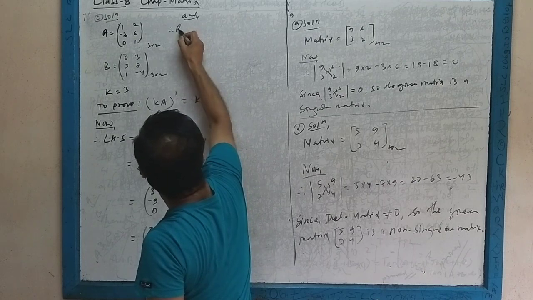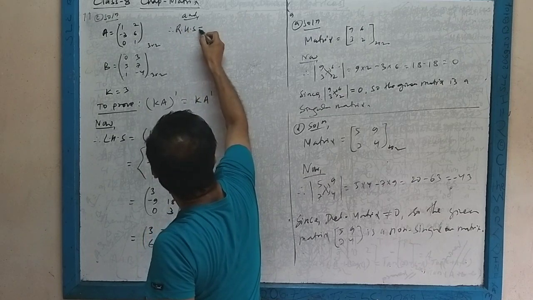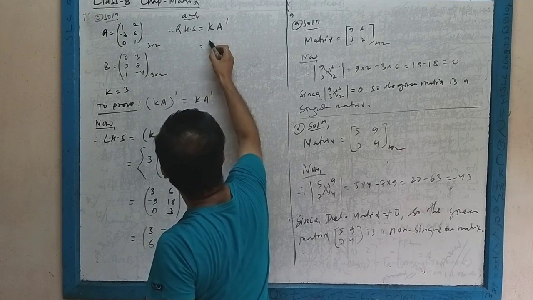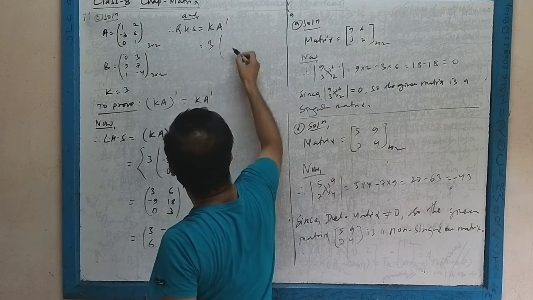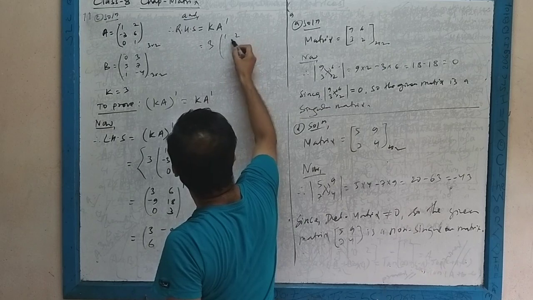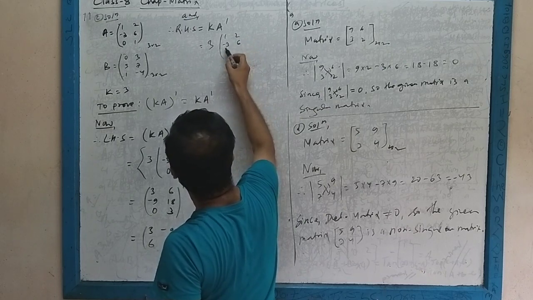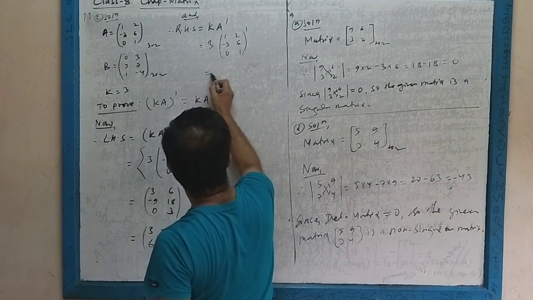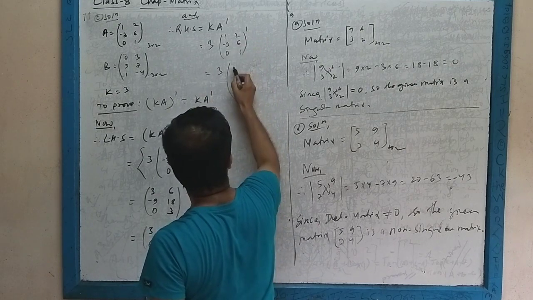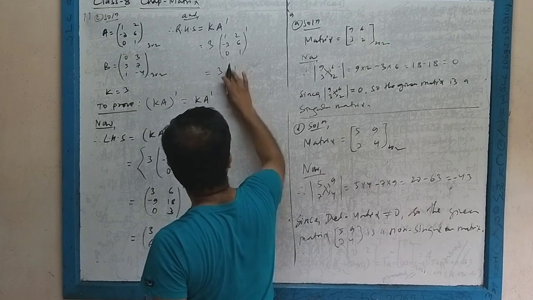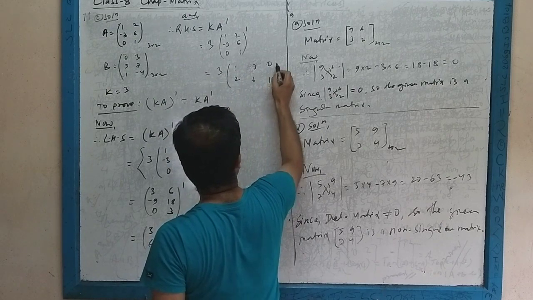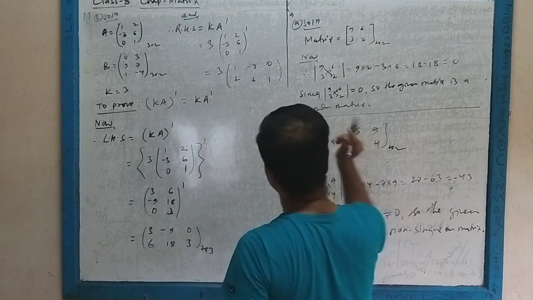Let us go for the right hand side. The right hand side is k A transpose. K is 3. A transpose: A is 1, minus 3, 0, 2, 6, 1, and its transpose is found first. The first row will change into first column. Okay, I have done the transpose.